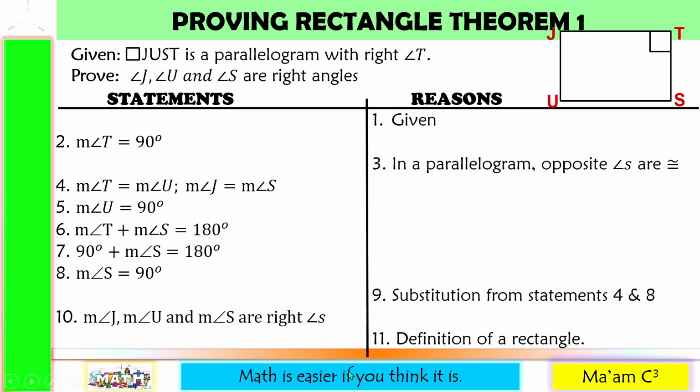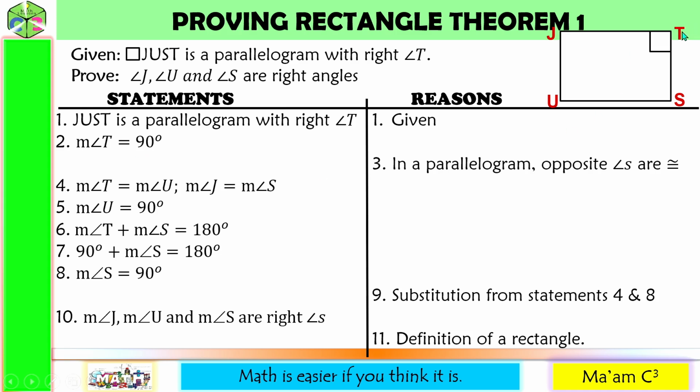The easiest part is number one, which is the given. So all you have to do is to look at the given and copy what is given. So in here, we have JUST is a parallelogram with right angle T. So you just have to write it under the statement. And then it says here in statement 2 that the measure of angle T is 90 degrees.